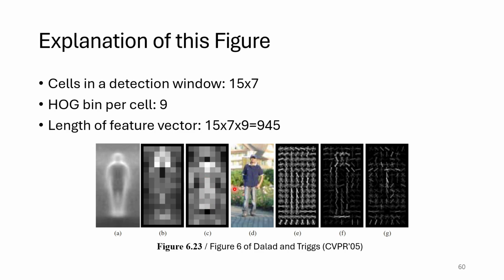If there are some horizontal patterns, it is more likely to be a pedestrian. If there is no horizontal or vertical pattern, or no certain specific direction at this region, it is more likely a background rather than a pedestrian.